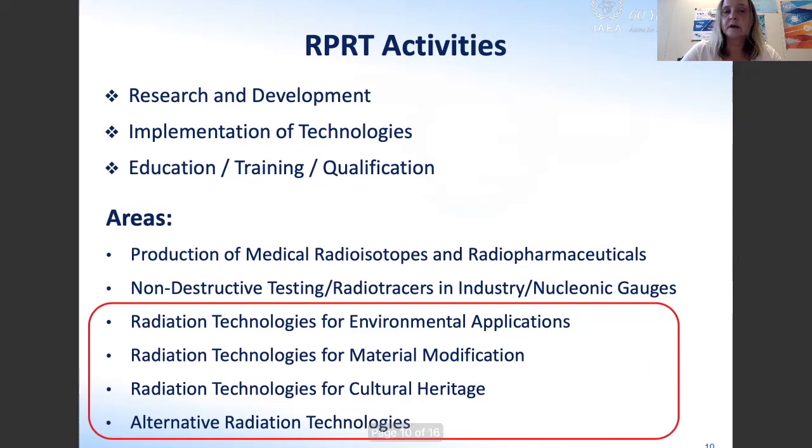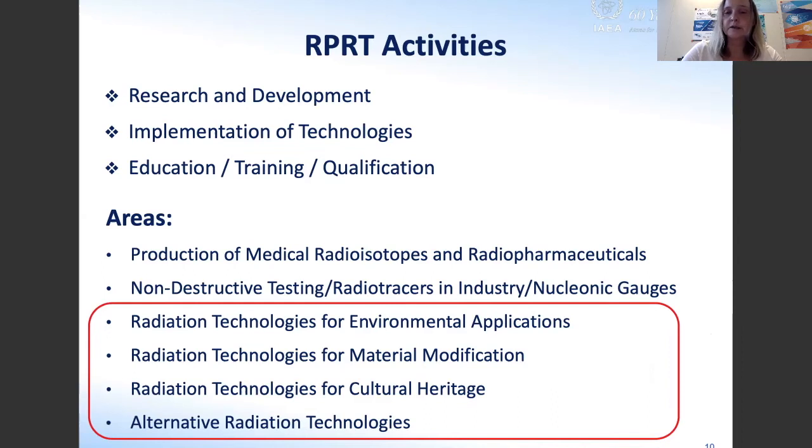Our activities are focused in different areas, and I would like to specifically mention radiation technologies for environmental applications, radiation technologies for material modification, radiation technologies for cultural heritage, and alternative radiation technologies.